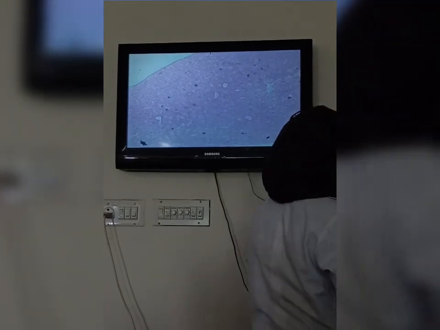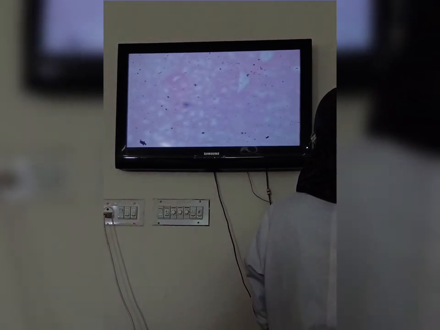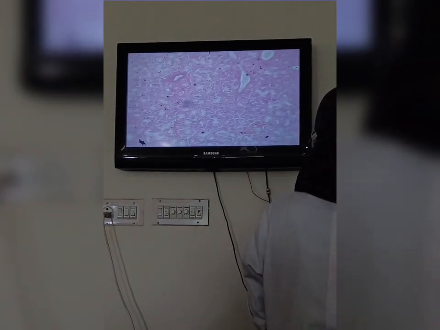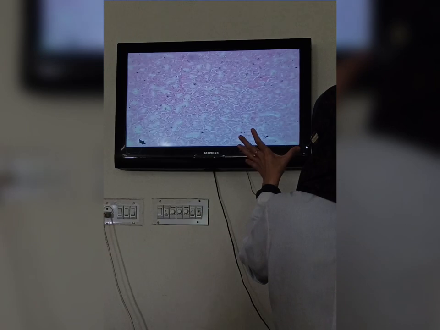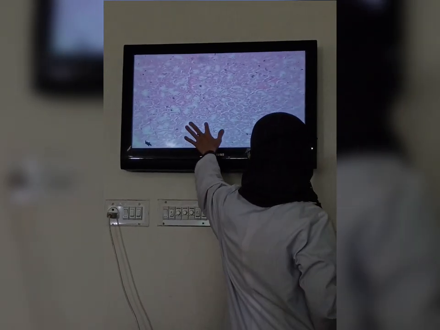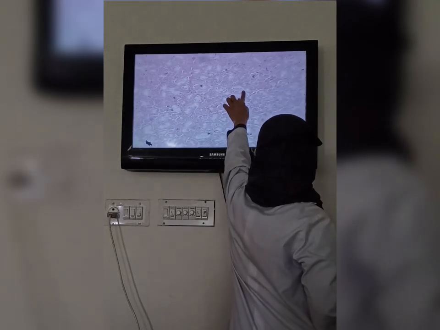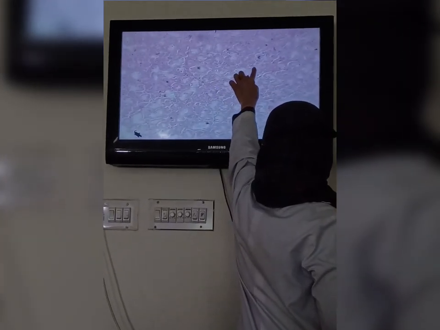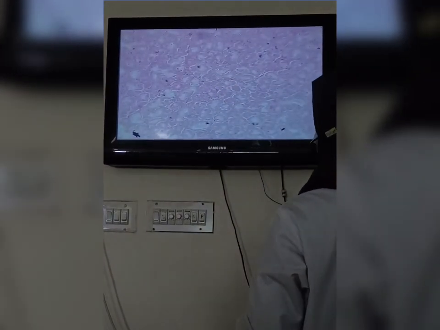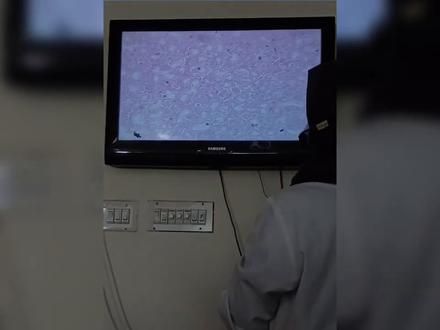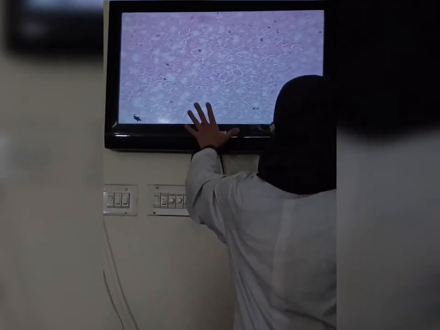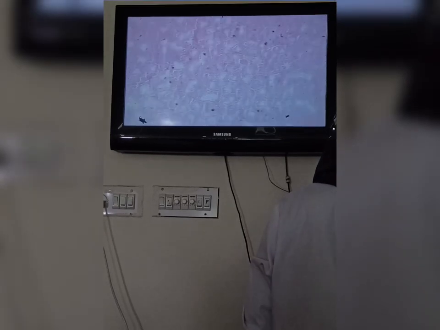So let me take it to the 10x. So this is how you can see a collection of mucus acini. Concentrate that the center is empty, but the periphery is all darker, showing that every mucus acinus seems to be wearing a cap. So all this is mucus acini with serous capping.